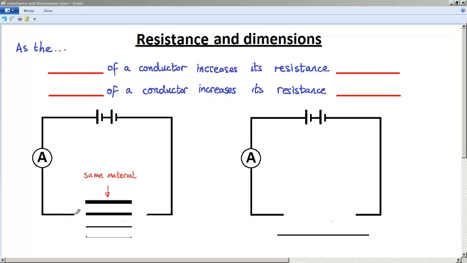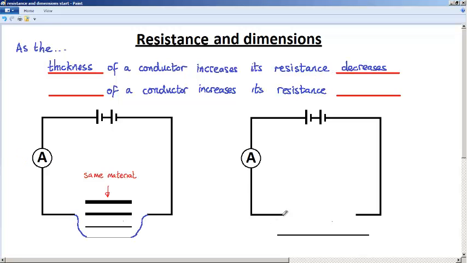I'm going to connect the circuit to each sample and measure the current flowing through the circuit, starting with the thinnest wire, the thinnest sample, and we will see that as the wire gets thicker, the current flowing through the circuit increases, and conversely, as the thickness of the wire or sample gets thinner, the current flowing through the circuit decreases. So we can say that as the thickness of a conductor increases, its resistance decreases.